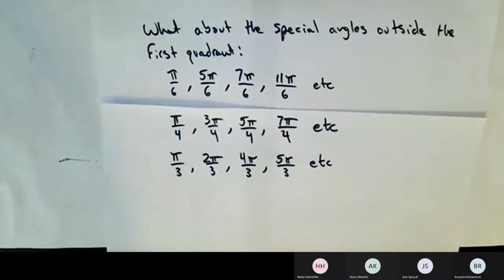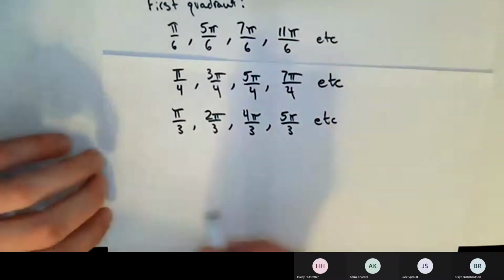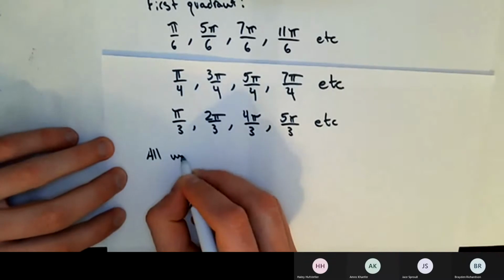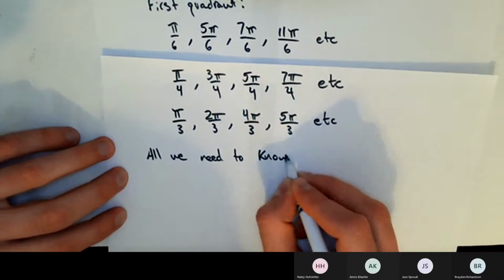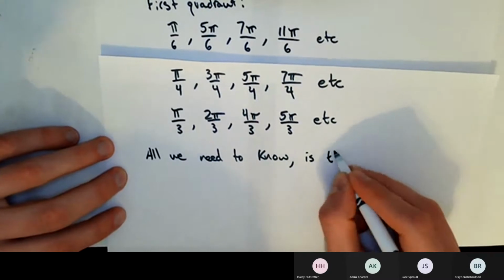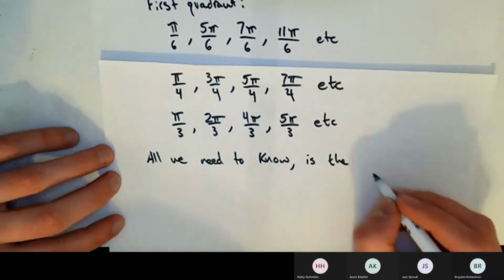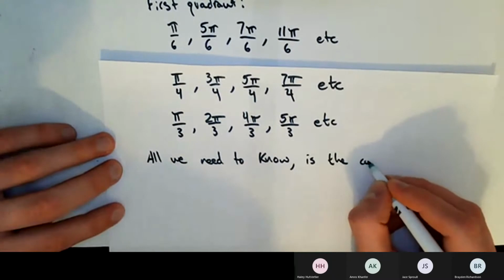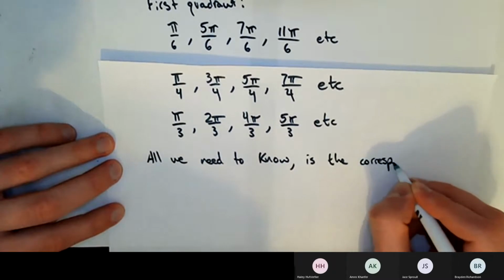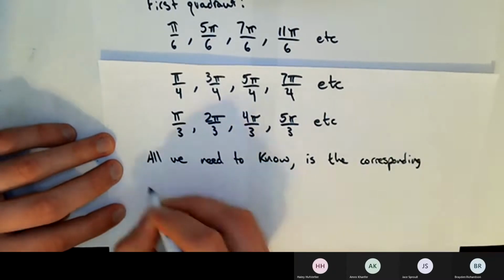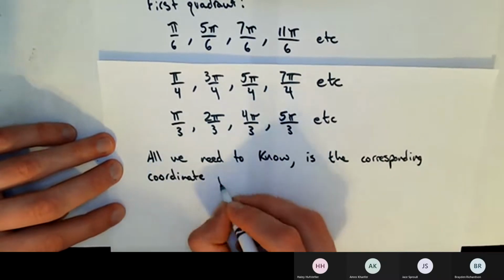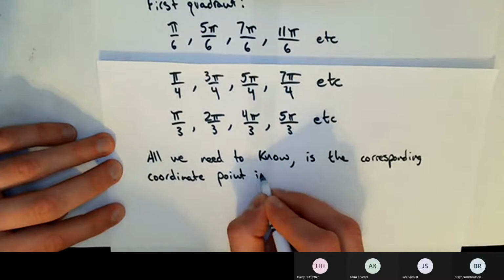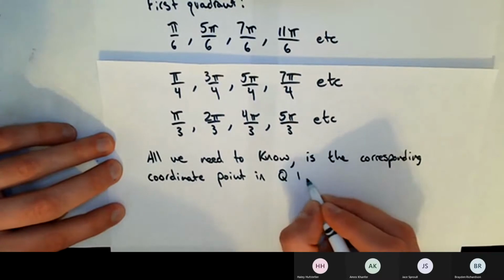Here's the thing. All we need to know is 2 things. First, the corresponding coordinate point in quadrant 1.